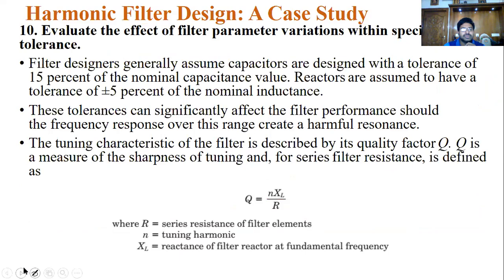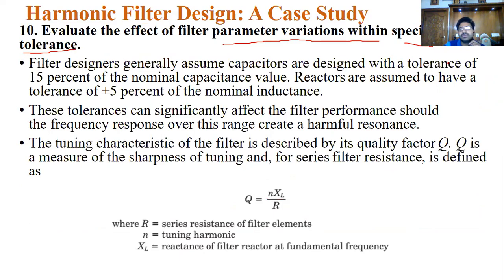Okay, now see this: evaluate the effect of filter parameters with the specified tolerance values. You know what those tolerance values are. Whenever you are designing for the fifth order harmonic, you are not taking exactly the fifth order value, you are taking 4.7 or 4.8 and so on, because tolerance in the operation is also there. That's why tolerance values are given.